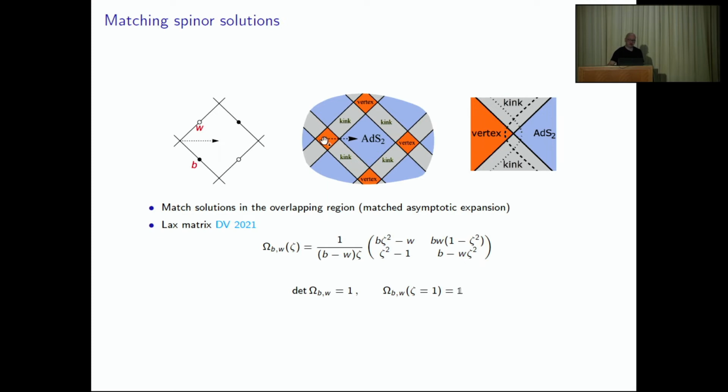You get the spinor solution here in the orange region. You have it in the AdS2 region. And then using some matched asymptotic expansion, you can connect the two solutions, and you can figure out what the Lax matrix is. So you end up with this 2x2 SL2 Lax matrix, and zeta here is the spectral parameter.